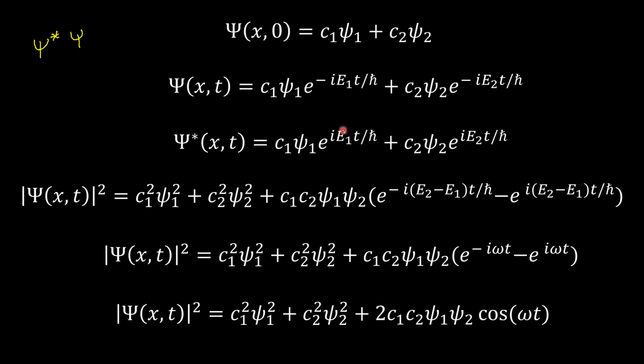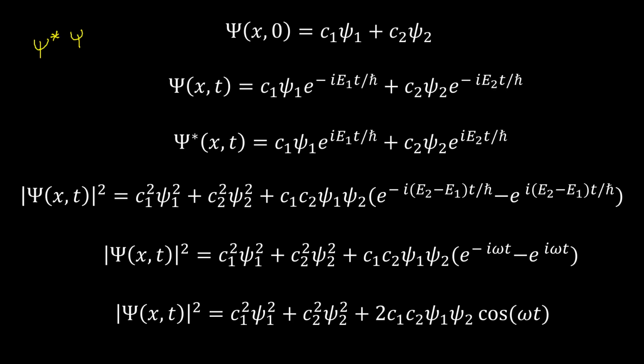This exponential term will go away. Then you multiply this and this. This will be c2 squared psi2 squared, and this exponential term goes away. So now you take the cross terms.